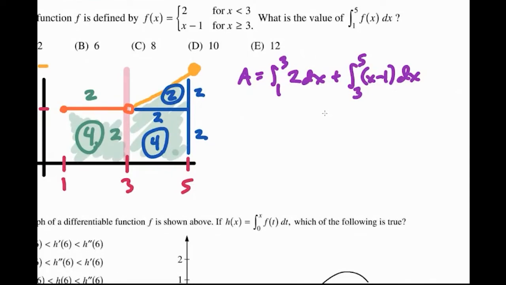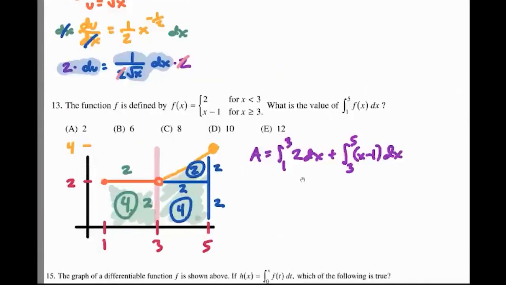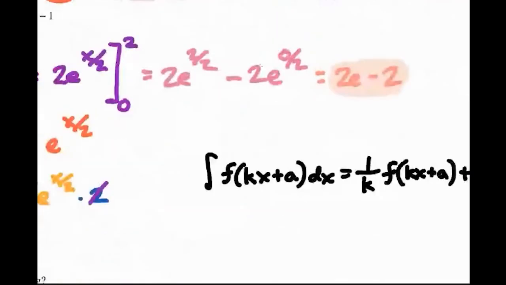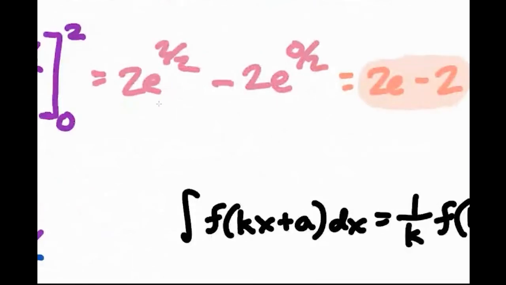Right, Hunter? All right, what's the antiderivative of 2? 2x plus c, right? By the way, if you remember when I was subtracting to find the area of this one up here, if you had a plus c, it would just be c minus c. So you never have to worry about the plus c with this.